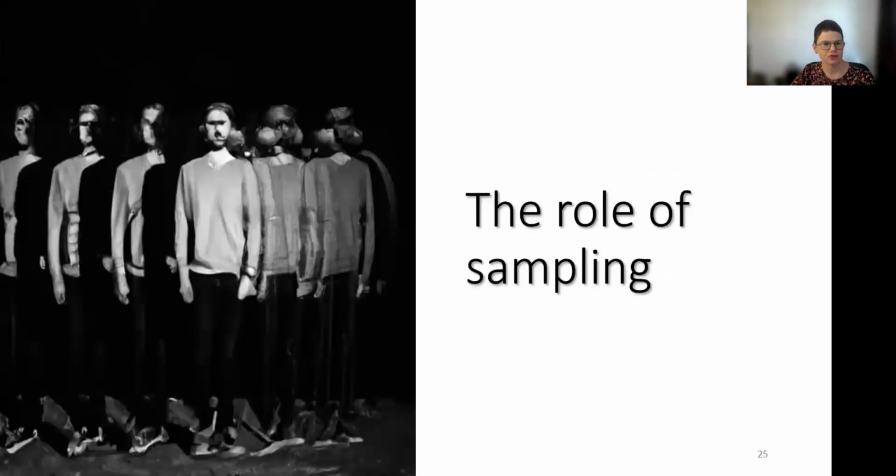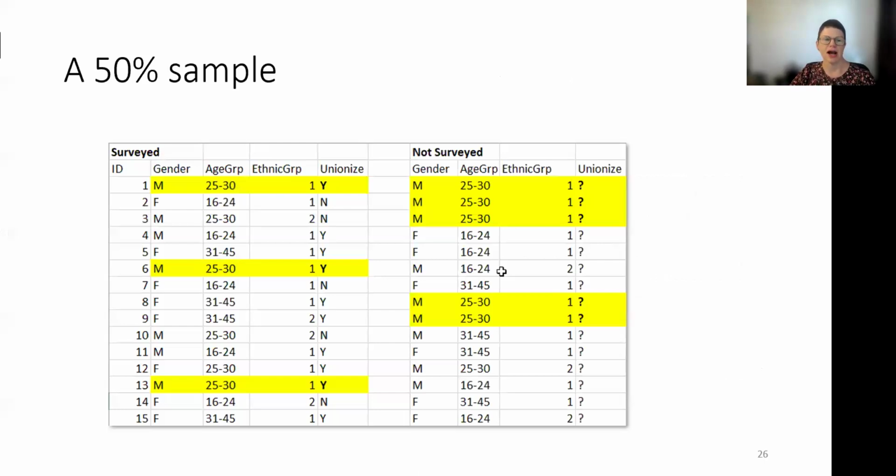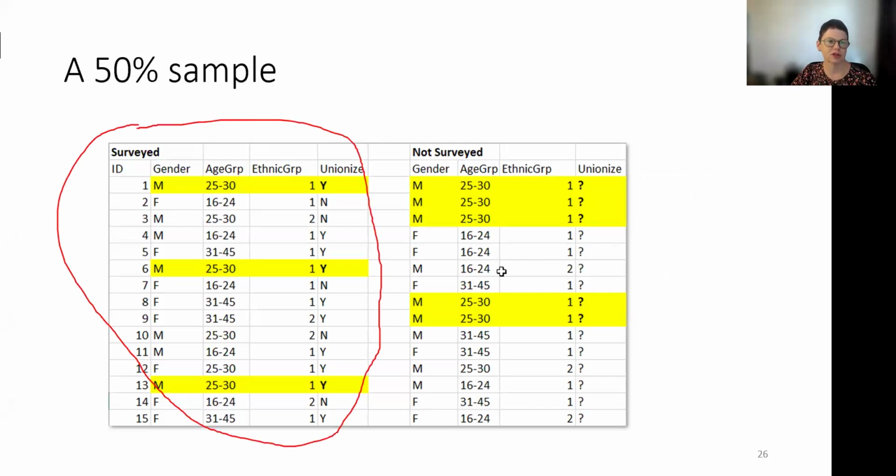Well, fortunately, most of the time, people are not releasing complete data sets. Here's where I start talking about the role of sampling. Until now, I've been imagining that this data here was a complete sample of people in a population, people who work at a particular factory.